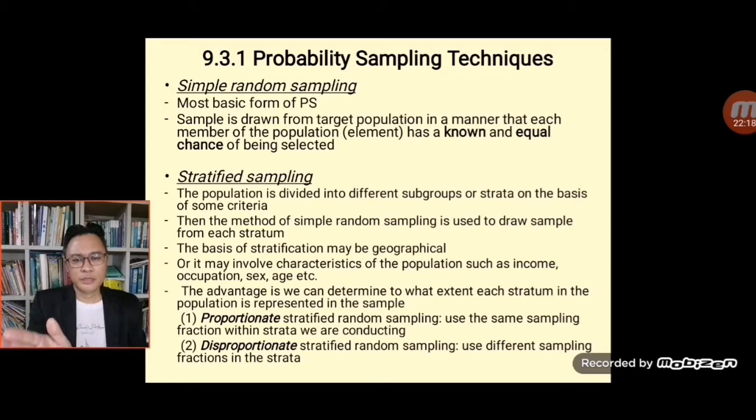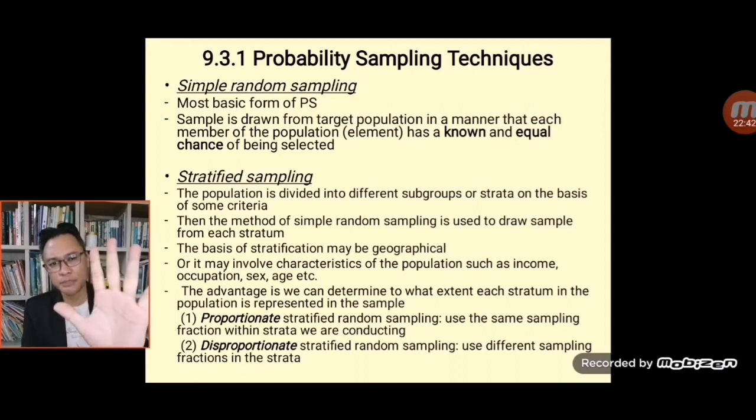Katakan interval 5. Setiap orang yang lalu ataupun pass by the researcher tengah pegang questionnaire dekat depan shopping mall, orang yang lalu pertama biarkan pergi, kedua biarkan pergi, 3, 4, yang kelima pop cukup dia. Orang yang kelima itu stop him.